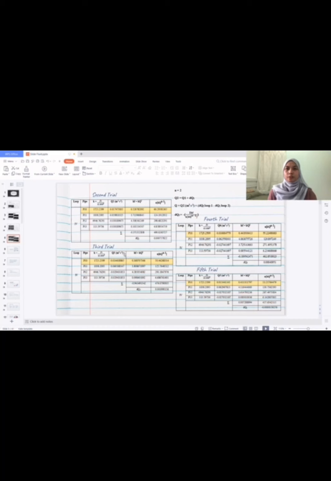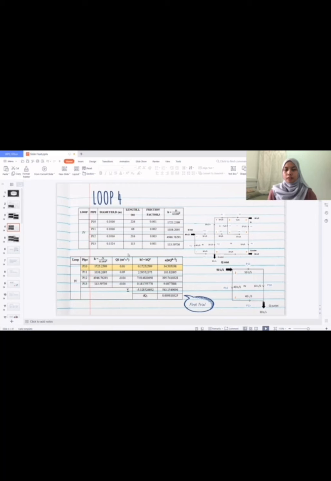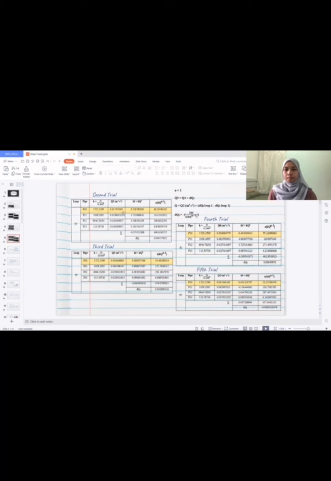After that, we continue with the second trial to get the Q2 with the same method, which is to calculate the Q1 plus the total of dQ1 from the first trial, and we get the value of Q here.